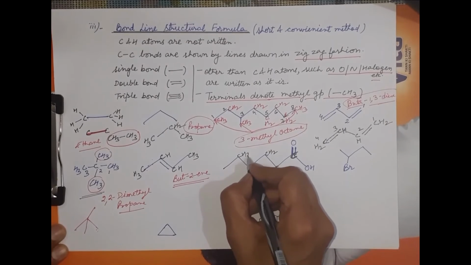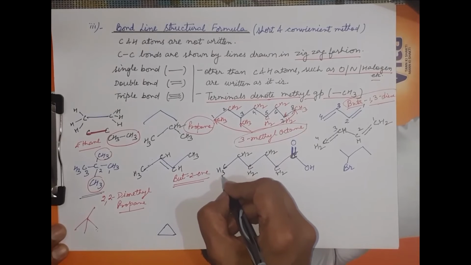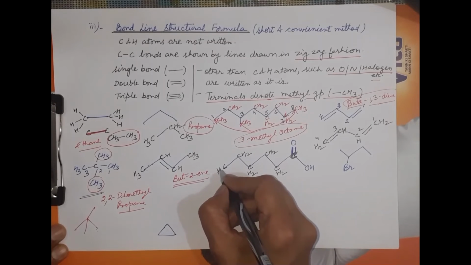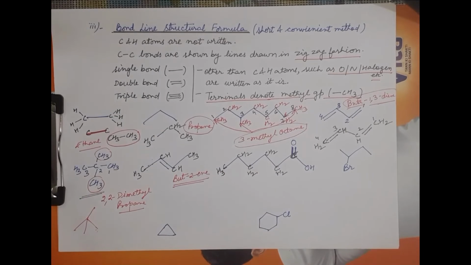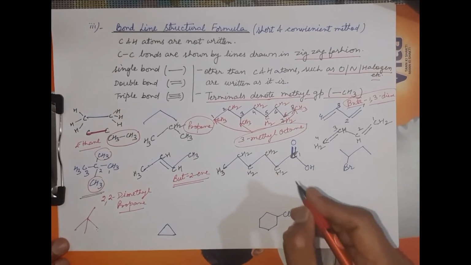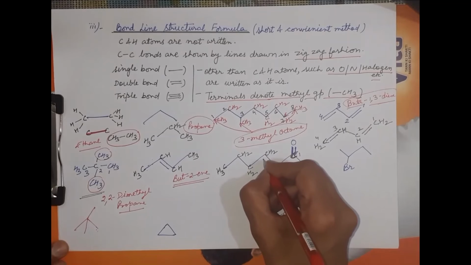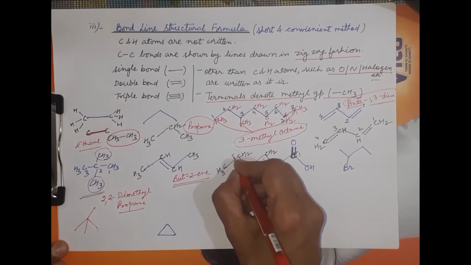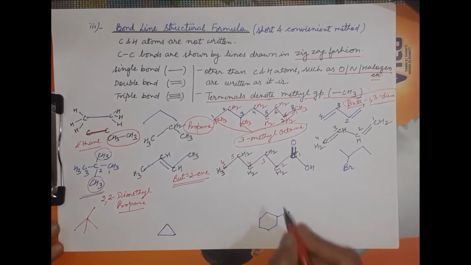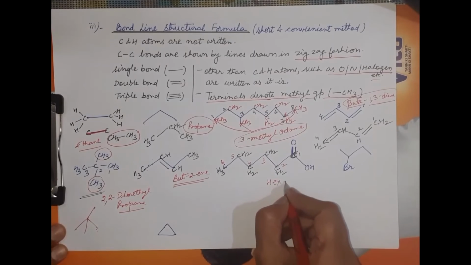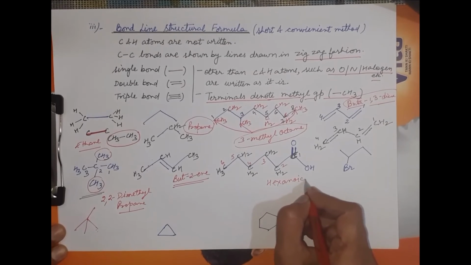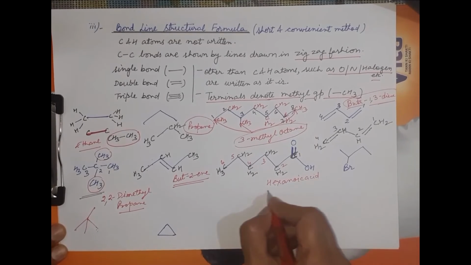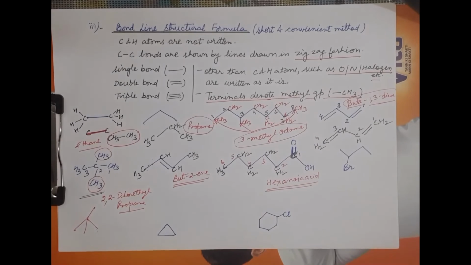This will also be CH2. And this will be terminal carbon. This will be CH3. Okay, so once we do the numbering, this carbon will get one number, 2, 3, 4, 5, 6. So what will be the name? Hexanoic acid. So this will be the name for this, hexanoic acid.